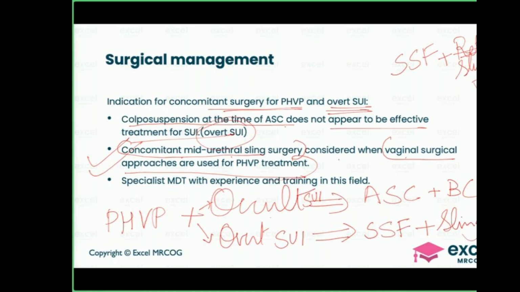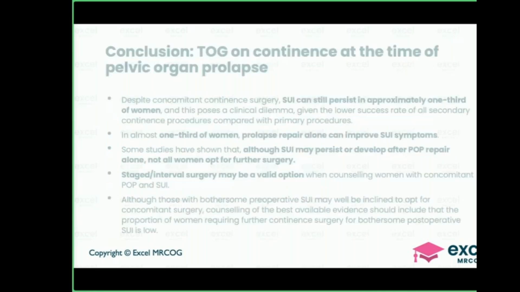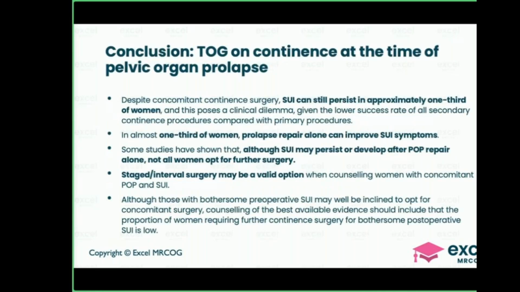This is as per the GTG. Now, there's a TOG article on this. What does the TOG article say? There is a debate. It's not clear about offering both the surgeries together, which the NICE guidelines also mention that you need to explain to the patient.